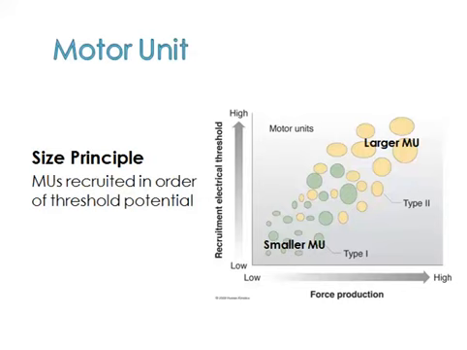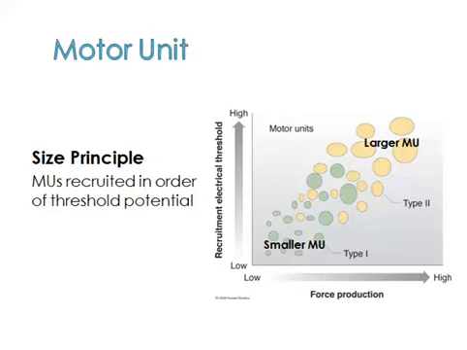So what the size principle is telling us is that essentially the smaller motor units, which are primarily type 1, are going to be recruited before the type 2 motor units, which are typically larger than type 1. Because the smaller the motor unit, the lower the recruitment electrical threshold is, whereas the larger the motor unit, the higher or the greater the threshold will be.